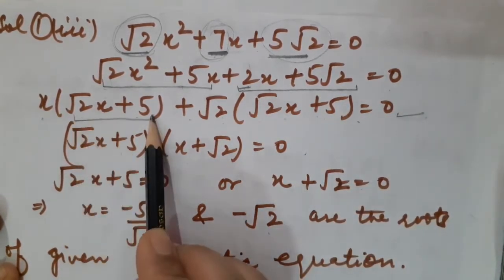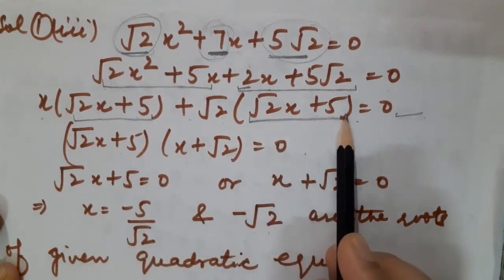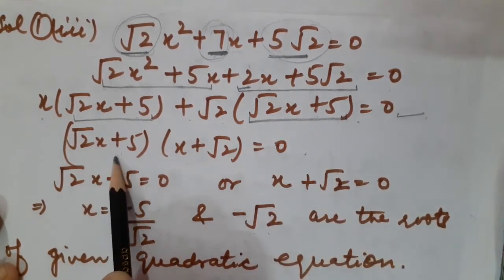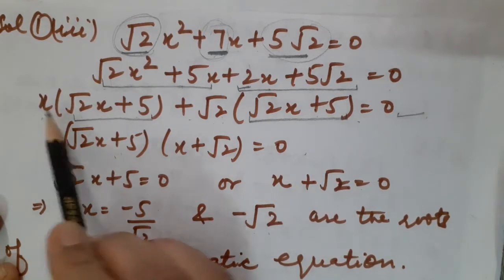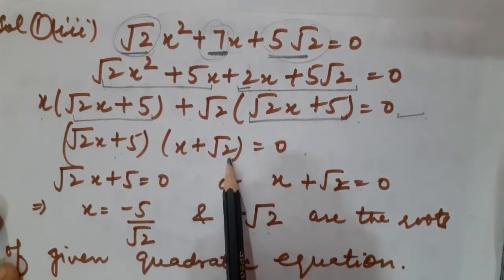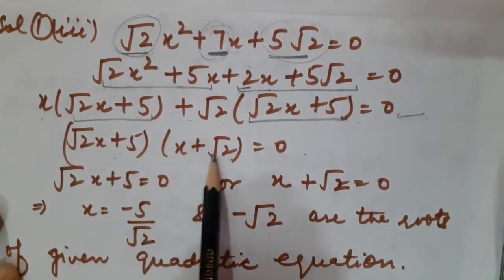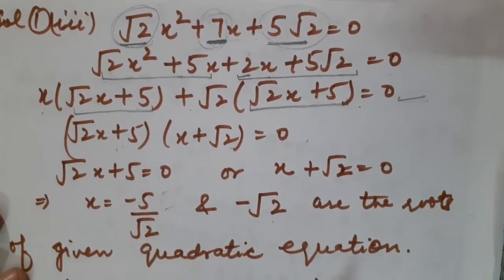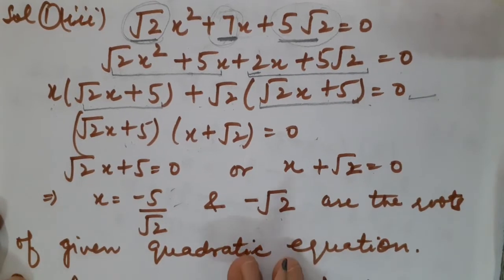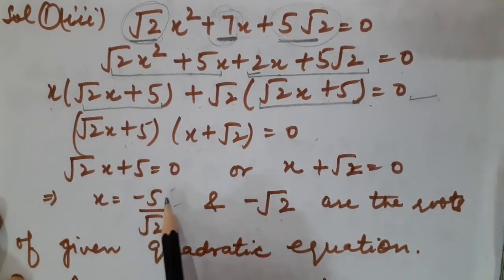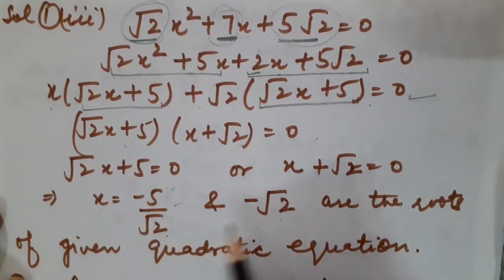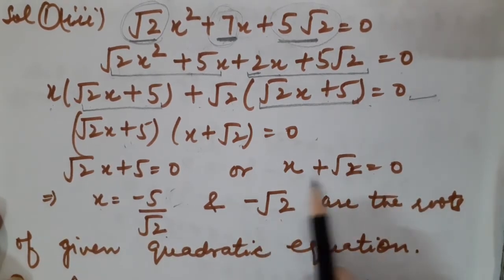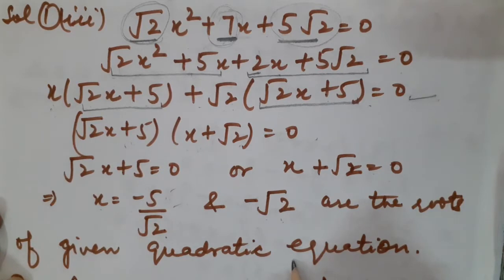Now root 2x plus 5 is here also, so this will be taken as common. Inside another bracket x plus root 2 is left. Equate both the expressions equal to 0. So through that we calculate the roots of the quadratic equation: the first value is x is equal to 5 upon root 2 and the other value is x is equal to minus root 2. So these are the roots of the quadratic equation using factorization method.